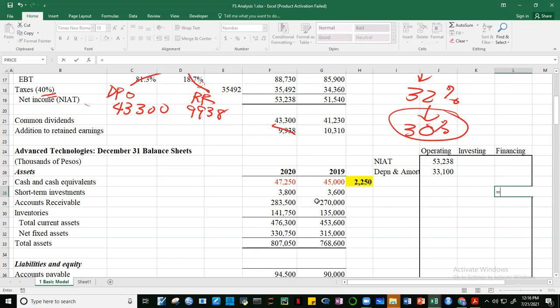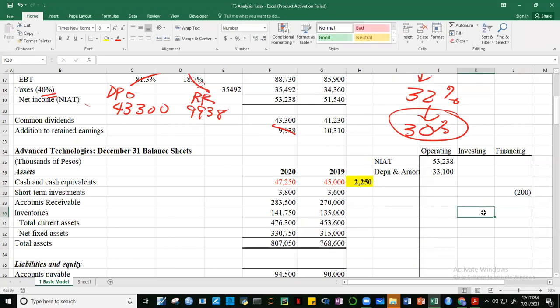Oh, sabi ni Jillian, i-type na lang. Kaso guys, we don't want as much as possible to type the numbers. Gusto natin as much as possible refer to the cells, no? Pero I'm trying to go to F28, hindi ako makapasok. Ba't kaya? Sige na nga, guys, yan na lang.